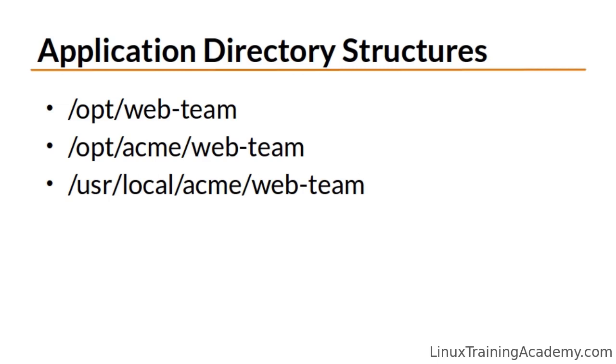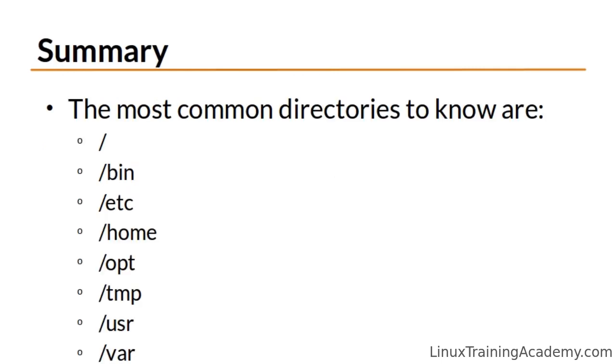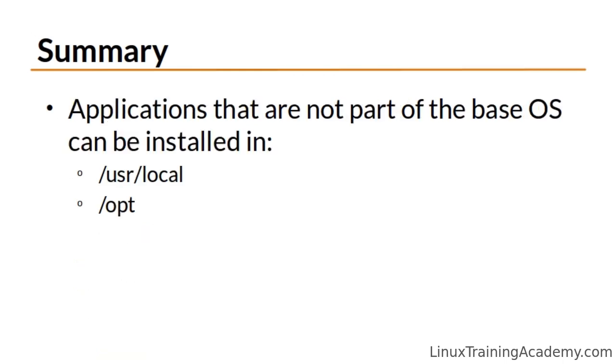And when these applications are installed, they're typically installed in /usr/local. The most common top-level directories that you'll interact with on a Linux system are / (also called root), /bin, /etc, /home, /opt, /tmp, /usr, and /var. And applications that are not shipped with the operating system are typically installed in /usr/local and /opt.